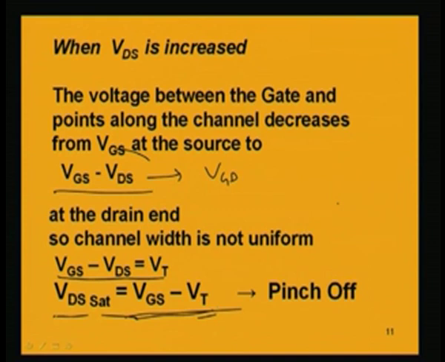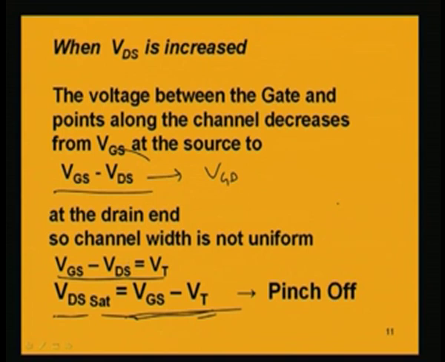That is, we are increasing VDS so much that the difference between VGS and VDS becomes the threshold voltage, that means gate to drain voltage becomes equal to the threshold voltage for that particular MOSFET. Then we get the pinch off or saturation point, and the drain to source current becomes saturated.